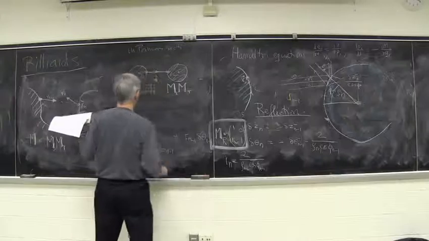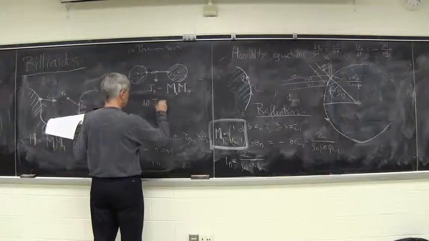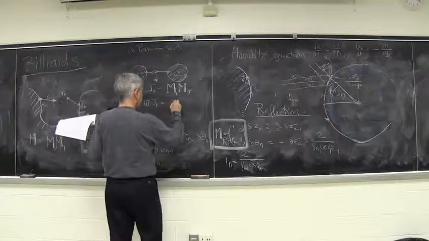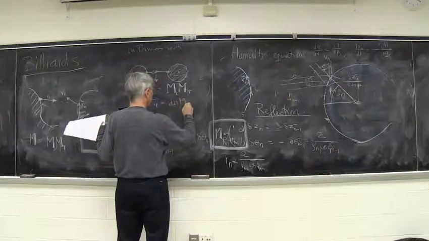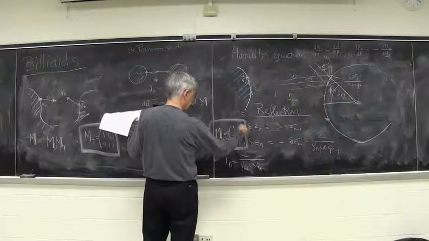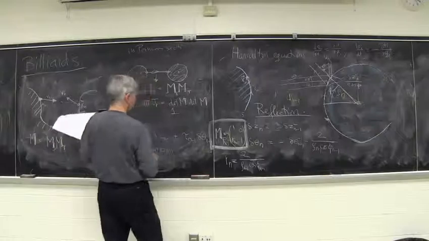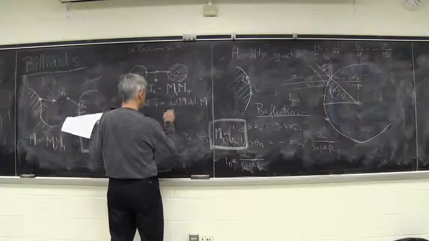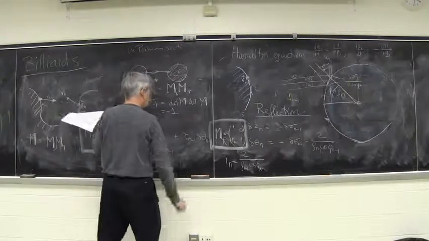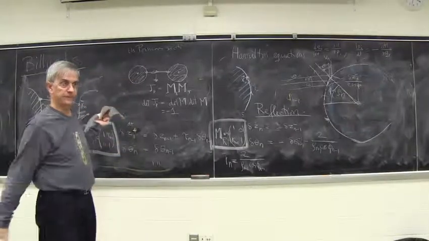Now, you can immediately check the determinant of the Jacobian is the determinant of these two guys. But when you look at them, they have 1 on the diagonal, 0 here, so this is 1. And because there is a reflection, there's actually -1. But basically, the volume is being preserved, phase space volume.